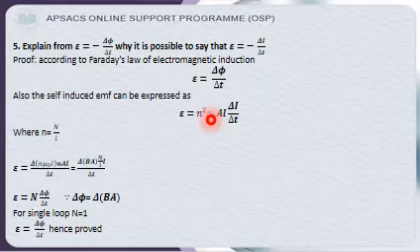So n A L. Now B into A, I am combining this A and B under these brackets. So we know that B into A is basically magnetic flux.